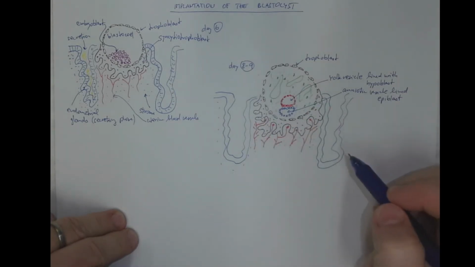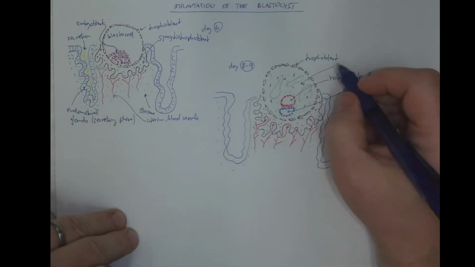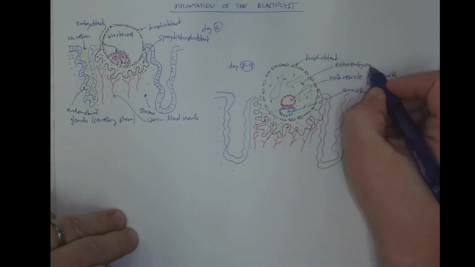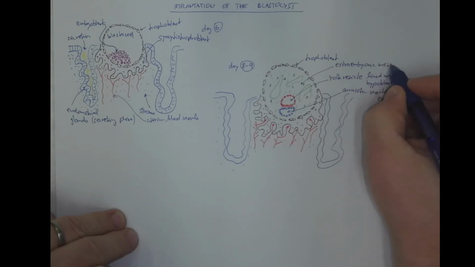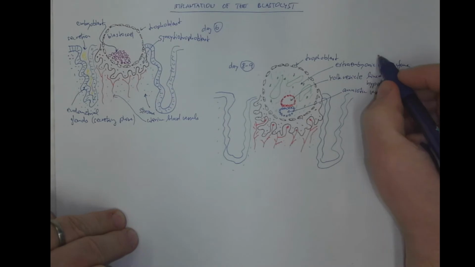They are both embedded within undifferentiated connective tissue called extraembryonic mesenchyme or primary mesenchyme.